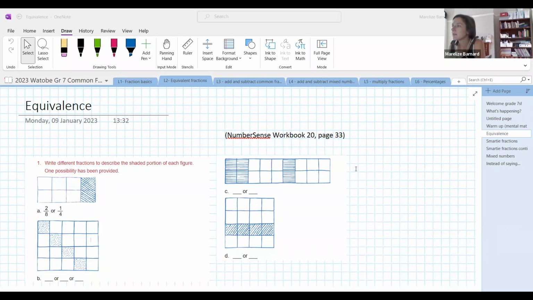There is going to come a time where you will move away from using a fraction wall. When do they do the lowest common denominator? I was wondering. I think sometime in grade 7.